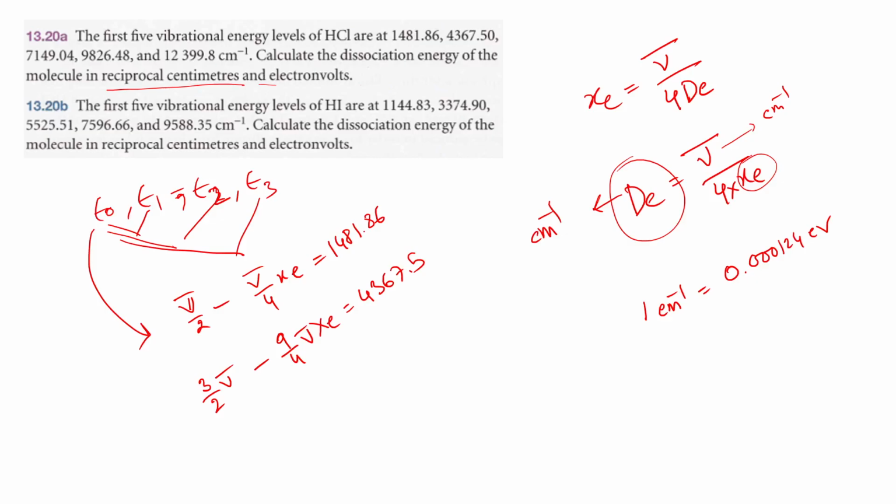I have checked on the internet: 1 centimeter inverse is equal to 0.0000124 electron volts, and 1 eV is something like 8065.6 centimeter inverse.